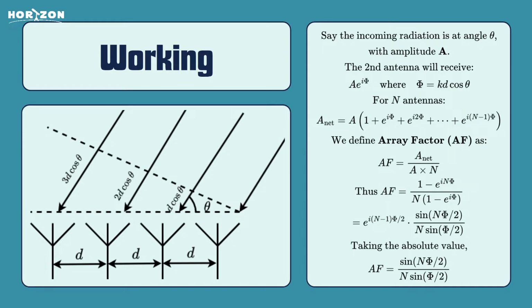The next one, in relation to the first one, will have a path length difference of d cos theta. Path length difference is basically just the difference in how much the ray has to travel in one scenario and in another scenario. So the same radiation will have to travel d cos theta more to reach the second antenna, as you can see very clearly in that image. In the third antenna, that path length difference would be 2d cos theta.